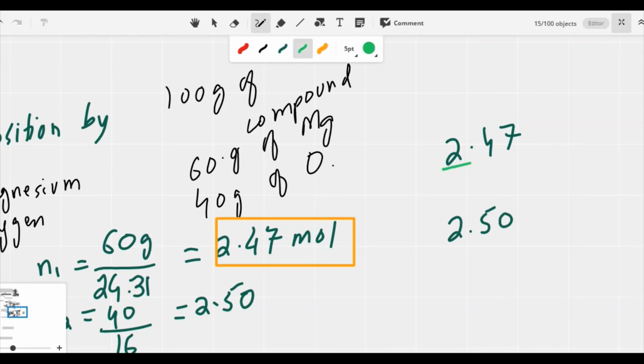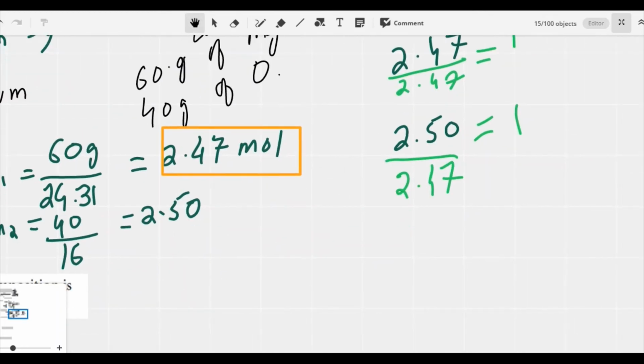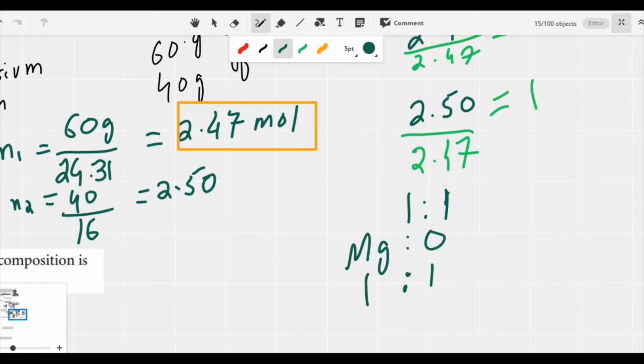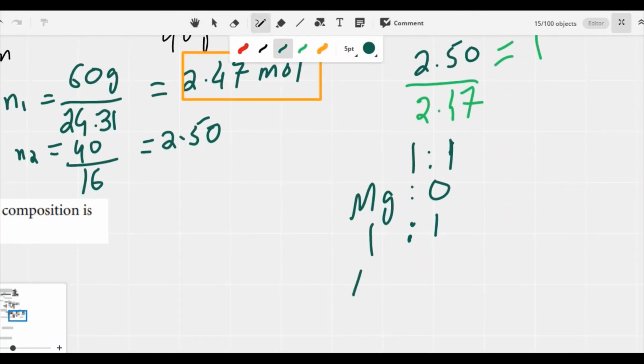When we divide both by the smallest number, 2.47, we get 1 and 1. So the mole ratio of magnesium to oxygen is 1:1. So the empirical formula of magnesium oxide would be MgO.